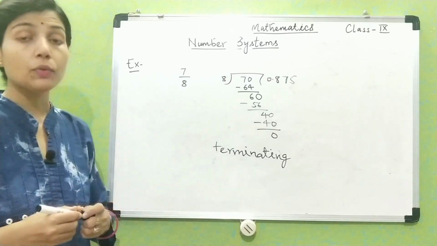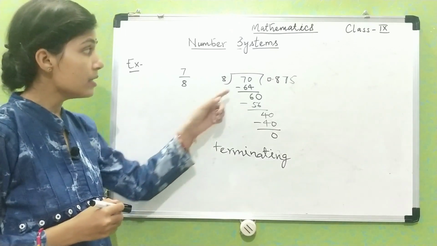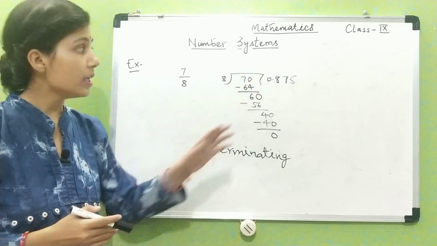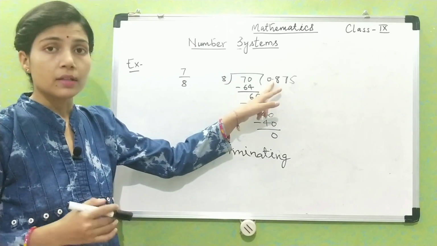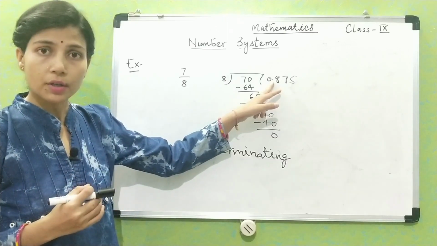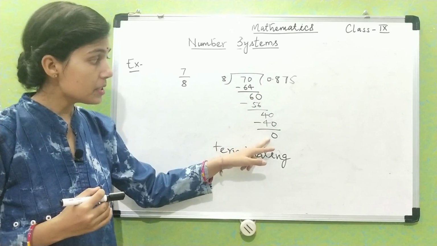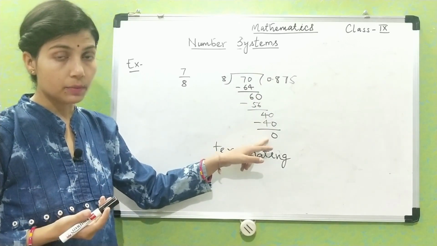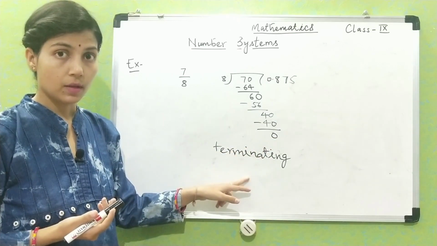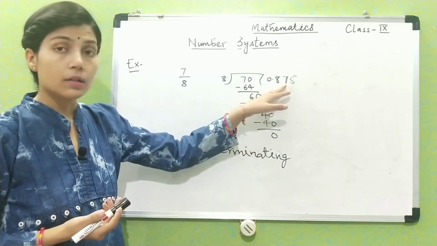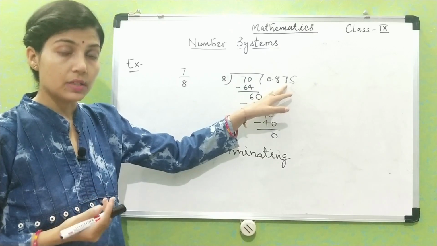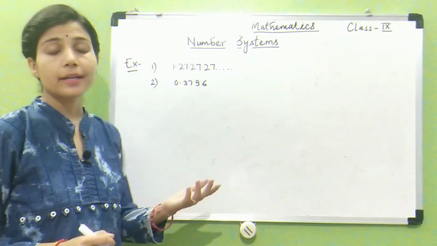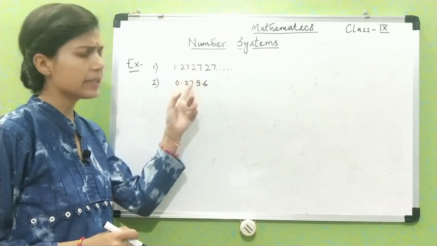So whenever you are given examples in the form of decimal expansion, you just have to check whether after the decimal the digits are repeating or not repeating, and whether the remainder is 0. Okay, if the remainder is 0, it means it is terminating, or if the digits are repeating, it means it will be non-terminating recurring. Let's take examples of decimal expansion.